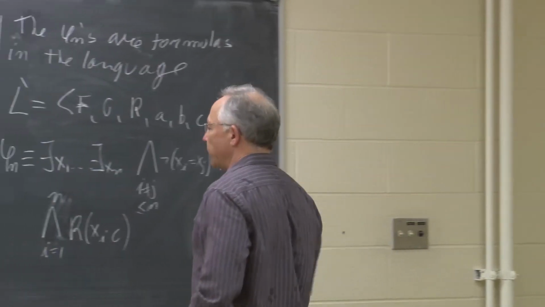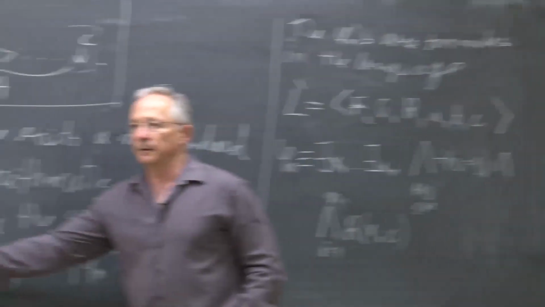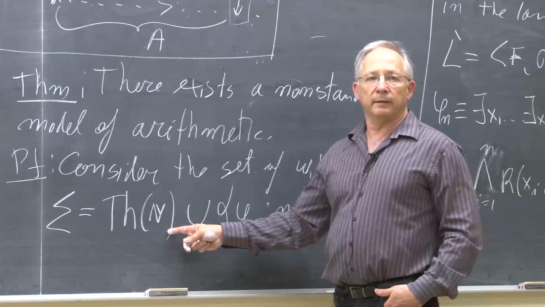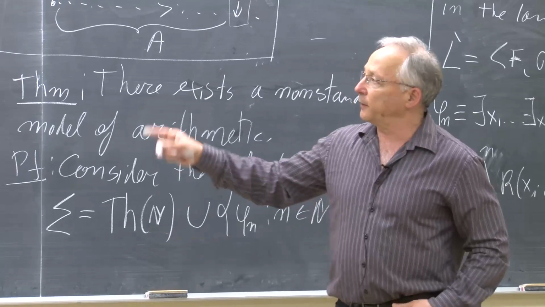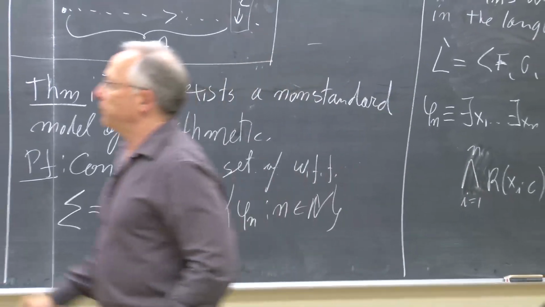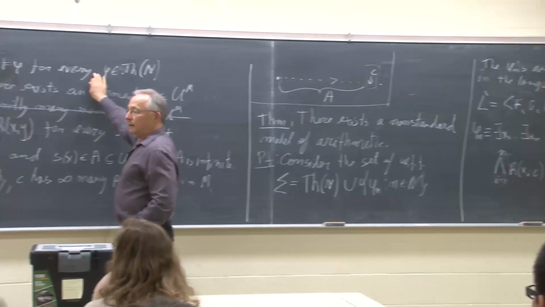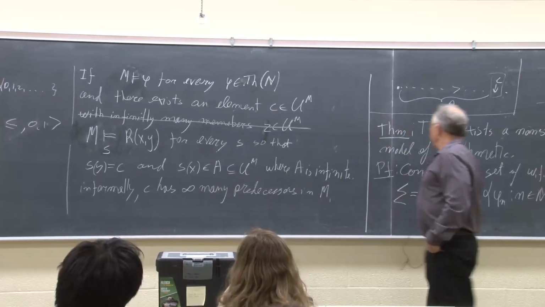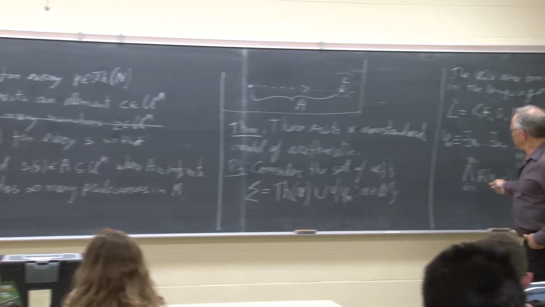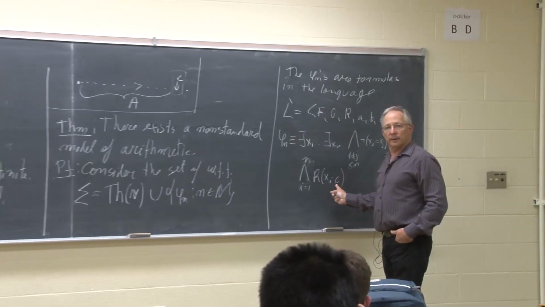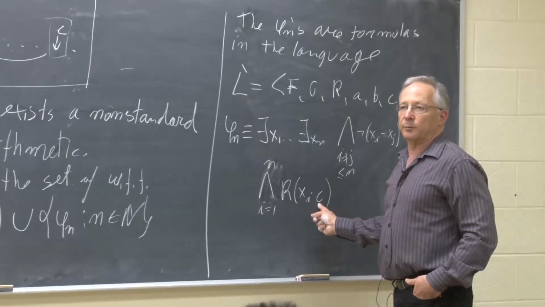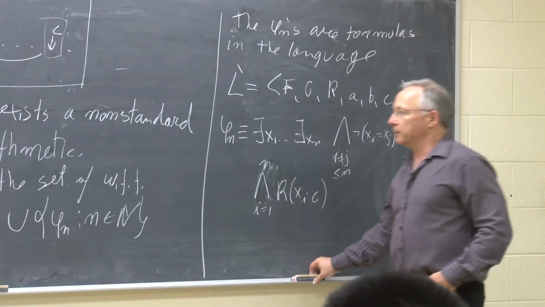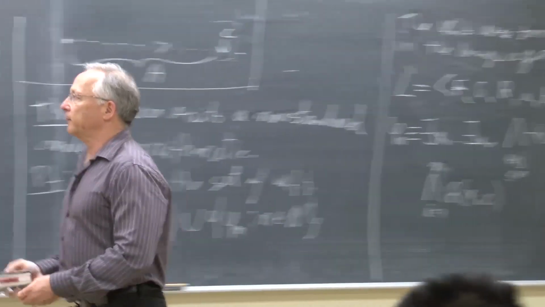Because if I have a structure that satisfies sigma, it satisfies all the formulas in the theory of N, so it meets the first requirement of being non-standard. And it also meets the second requirement of being non-standard because the interpretation of the element C in the structure will have infinitely many predecessors with respect to R.